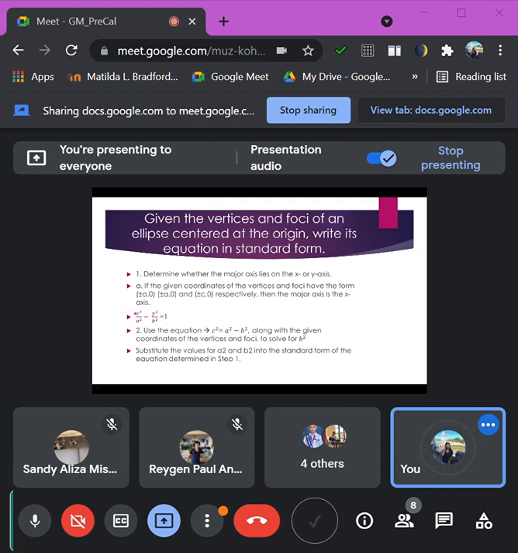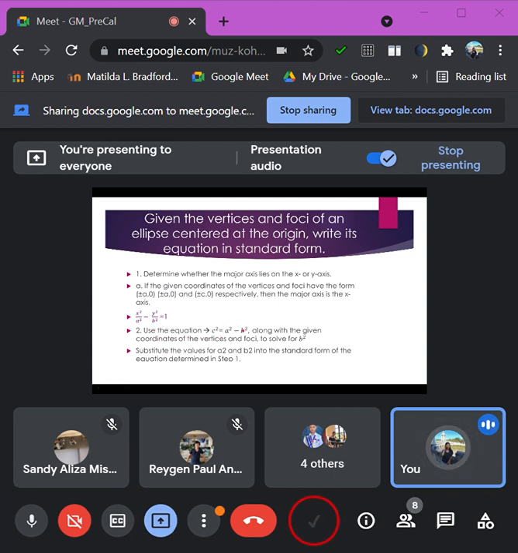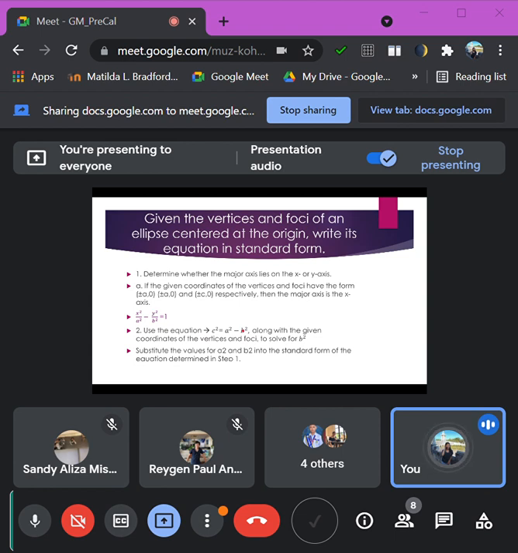Now, we have there, yan na tala, teacher, na c squared is equals to a squared minus b squared lagi na siya. Okay? Actually, same ra na siya sa katong a squared is equals to b squared plus c squared. Ang atong gibuhat lang ani class is kay ang atoang gipangita man is ang b squared.